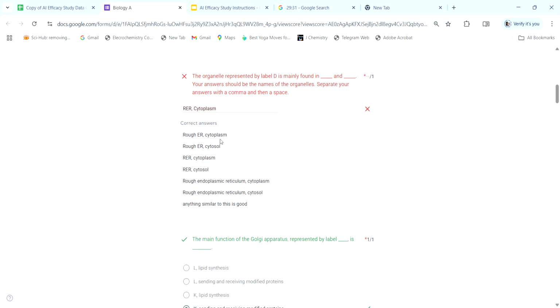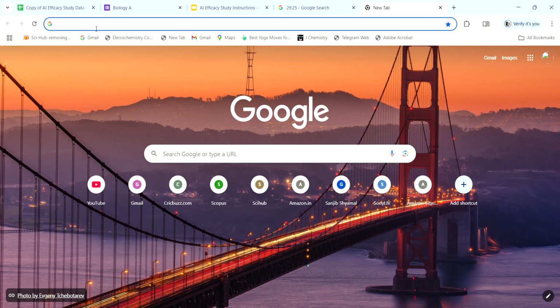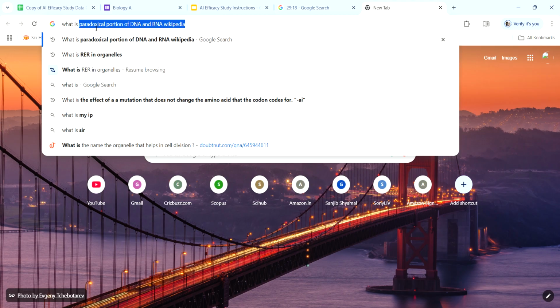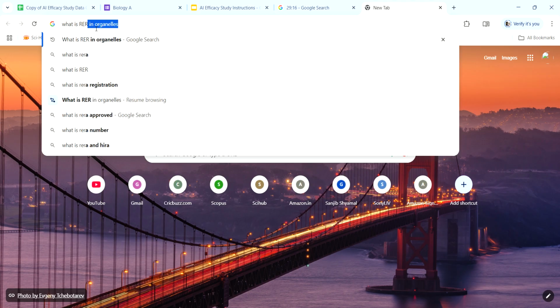So we can check what is RER in organelles, so I can study it.